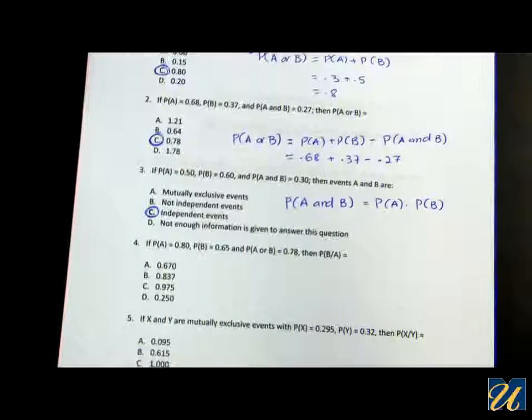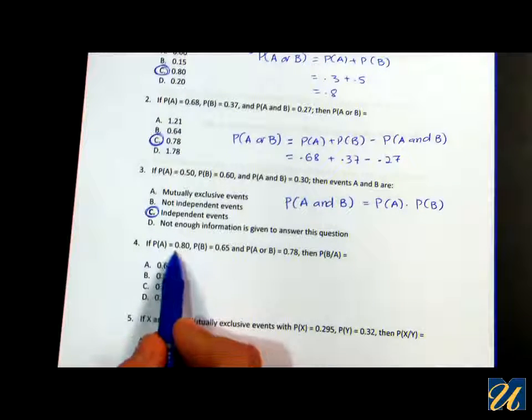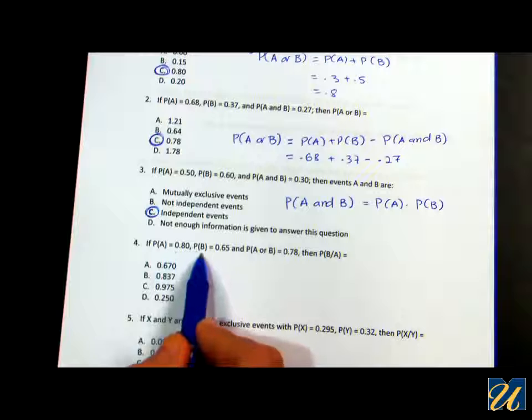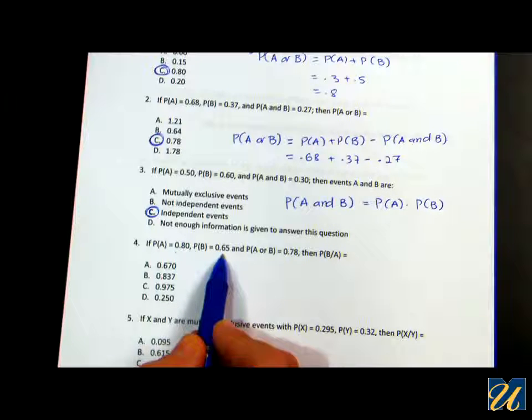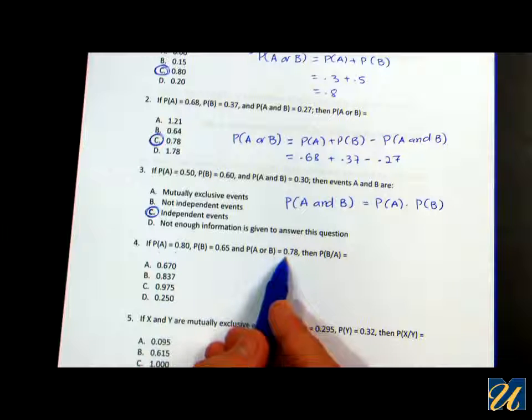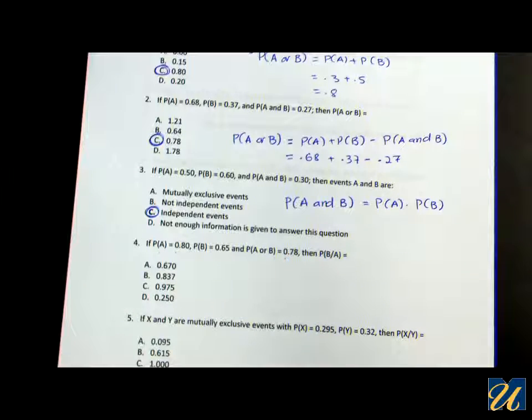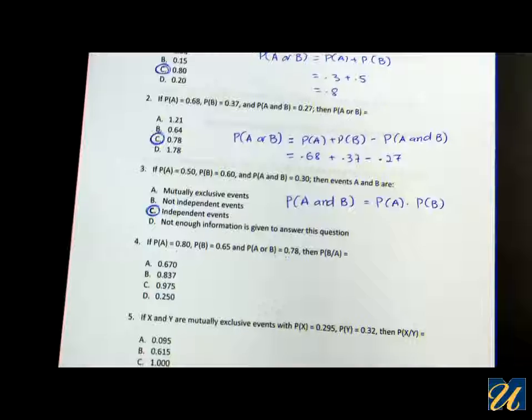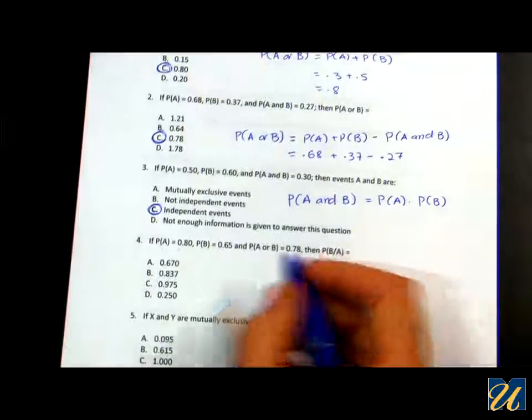Now, if probability of A is equal to 0.8, probability of B is equal to 0.65, probability of A or B is 0.78, then the probability of B given A will be equal to what? So let's see what we're looking for.